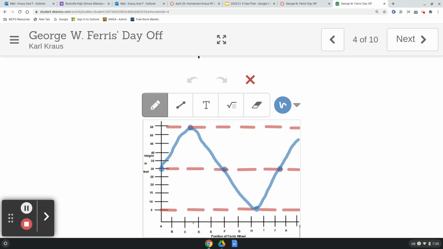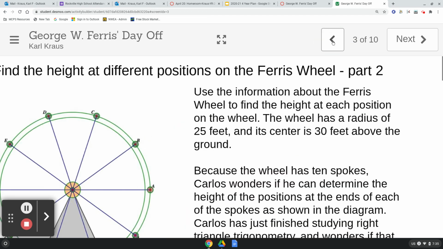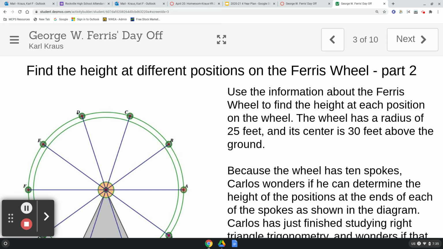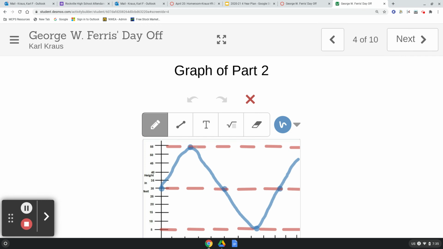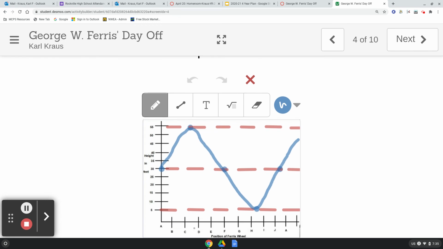And then halfway between these 2 dots, so if I go back to slide 3, the maximum is going to be halfway between C and D. So halfway between C and D, I'm going to put a maximum, and then halfway between H and I, I'm going to put a minimum.